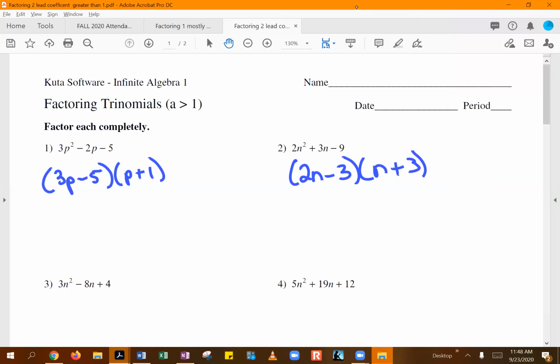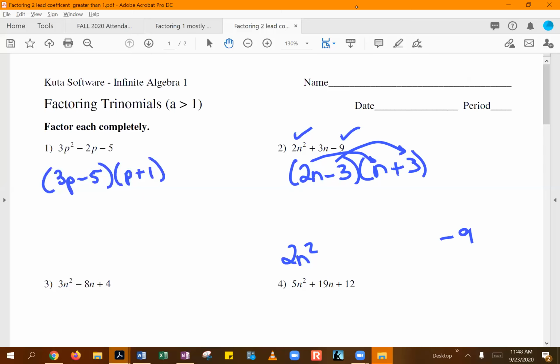When I think about multiplying 2n with n, we know that's going to give us 2n squared, so that would be the first term. When I multiply the negative 3 with the positive 3, we're getting negative 9, so that takes care of the last term. So far, so good.